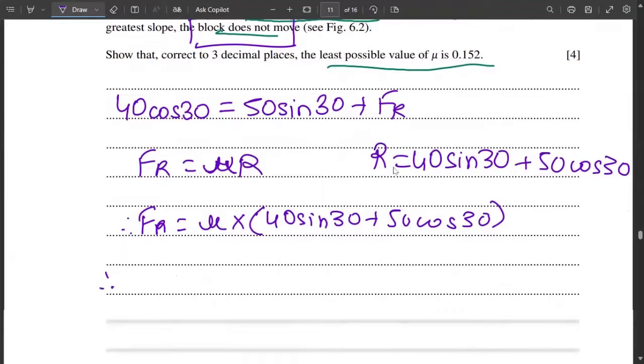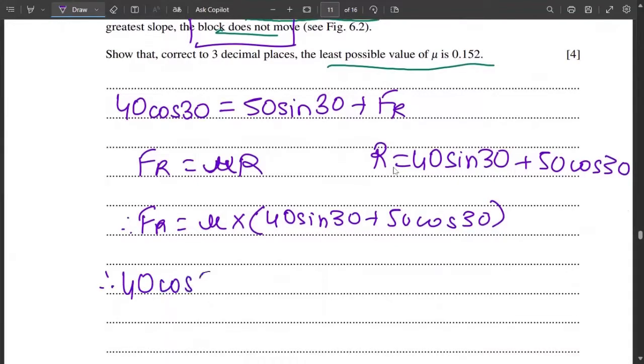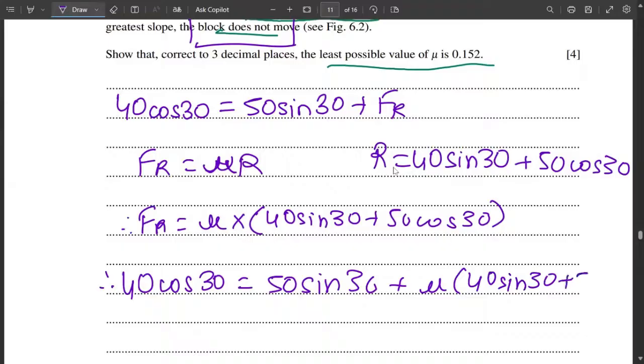So therefore, 40 cos 30 is equal to 50 sin 30 plus mu (40 sin 30 plus 50 cos 30).